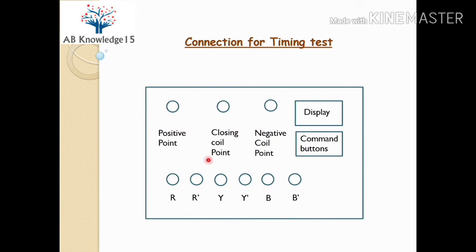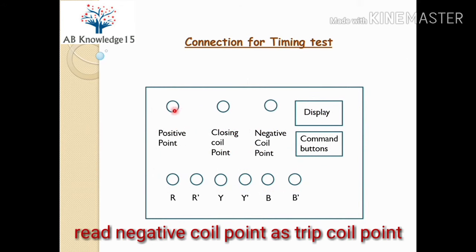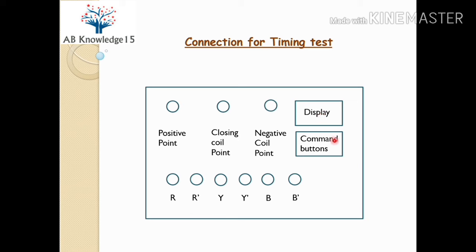You can understand by this figure that here one positive point is available, one closing coil point is available, and one negative coil point is available. This display shows the millisecond timing of circuit breaker operation, and here the command buttons are available for giving a command of open and close, and here R, Y, B poles connections we have to connect.